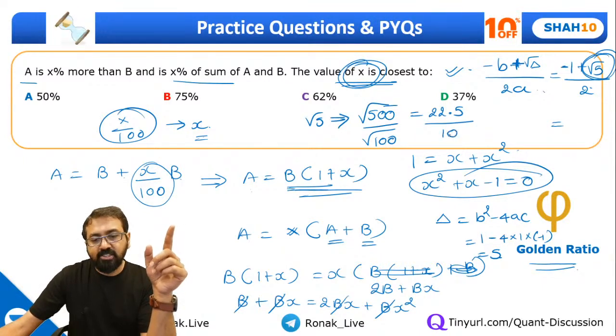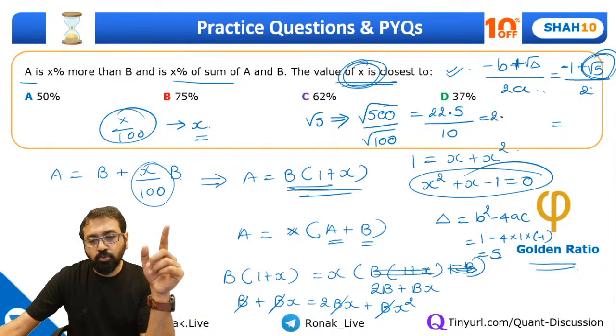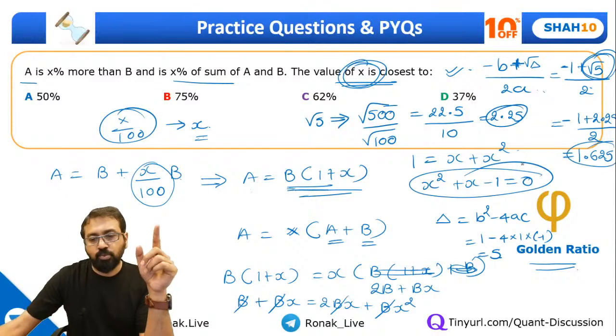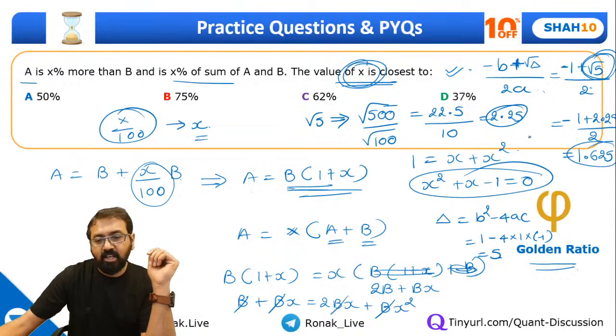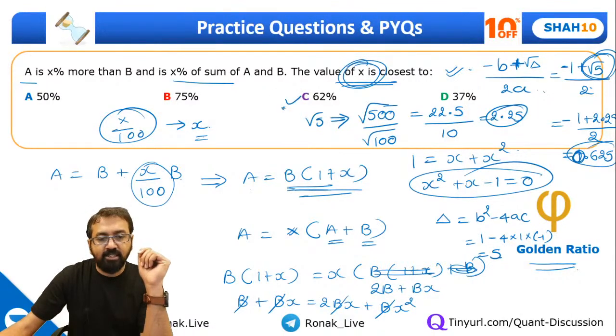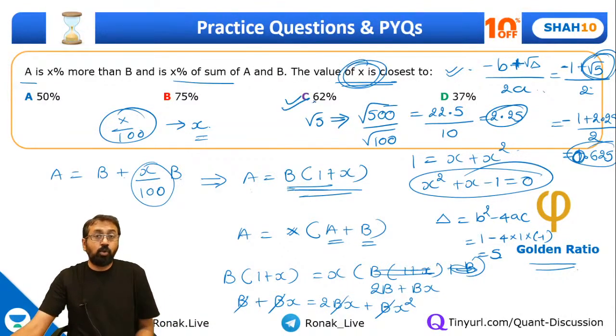Divide by root 100, which is 10, so this comes out to be approximately 2.25. So this will be minus 1 plus 2.25 divided by 2. If you solve this, you will get something like 1.25 divided by 2, which comes out to be 0.625. So we will take this option, 62% closest to.